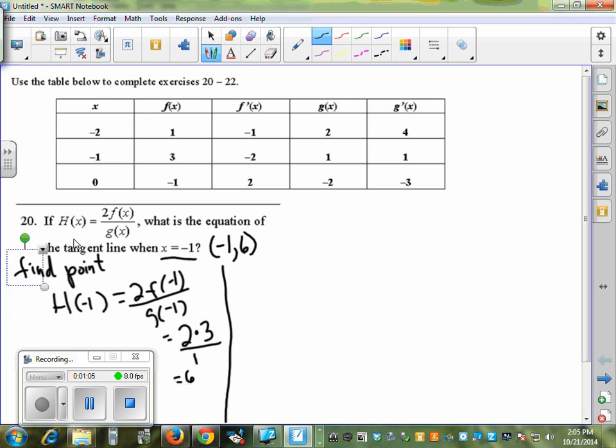The next thing, since we're talking about tangent, we need to go ahead and find the derivative because that'll give us the slope of the tangent line. All right, and let's go ahead and sing our song.